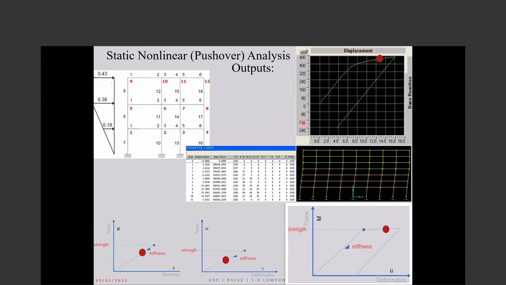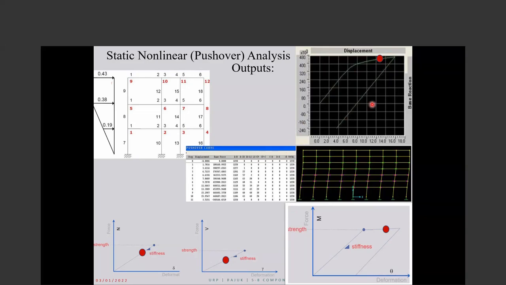Software is ready. The building is modeled. We say push it with this load distribution, for example, with the triangular load distribution, with uniform load distribution, with whatever our code asks, and push it till the top displacement reaches this target displacement.